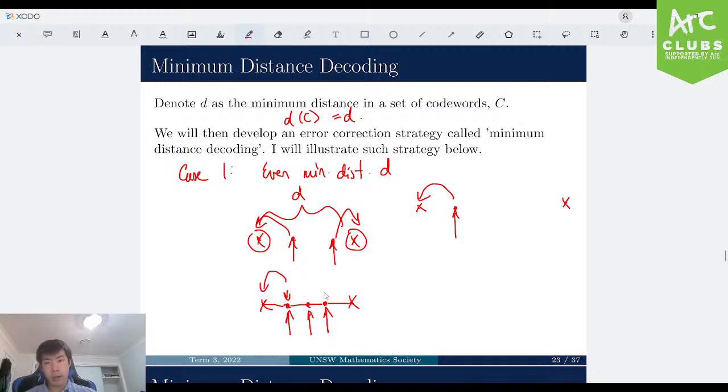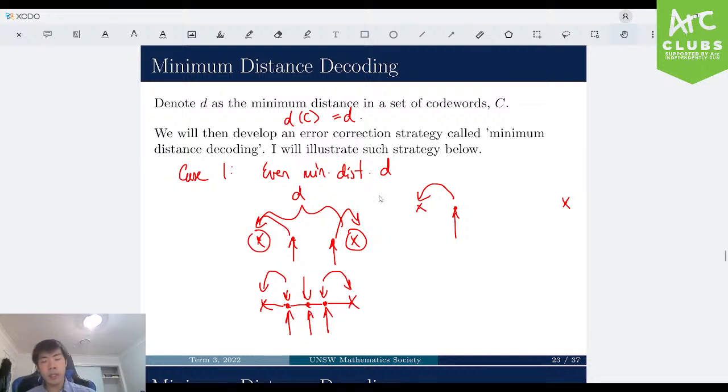We'd also be happy to correct it if it landed here, because we would assume that it is this code word. We wouldn't be happy to correct it if it landed here, because just like in the binary repetition case, we're now unsure whether we should lean towards the left side or the right side.